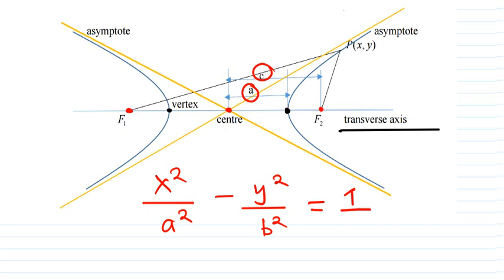Now you're already asking a question: where is the b squared, where is the variable b coming from? Because if you look at the diagram that we have, we only have a and c. So I want you to know that b squared actually represents the difference between c squared and a squared. Basically, it was just a substitution.